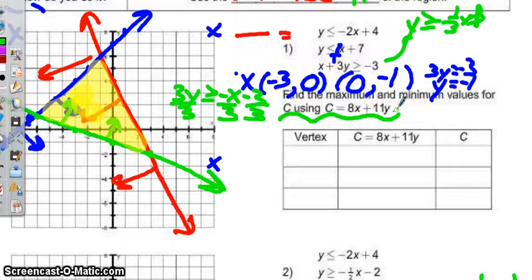That's right. So what's this one right here, Naya? Okay, good. Yeah, 3, -2. So we're going to look at 3, -2. What's this one right here?